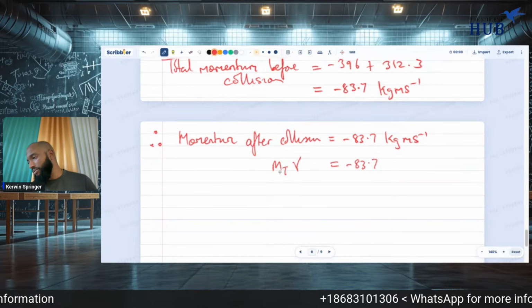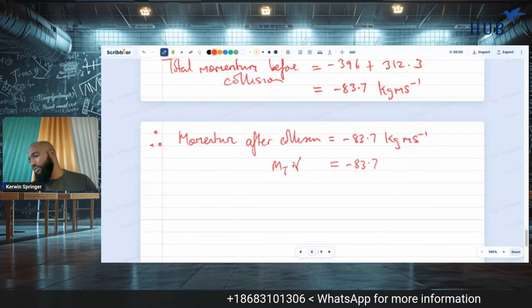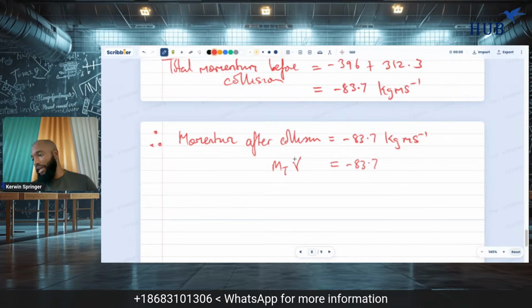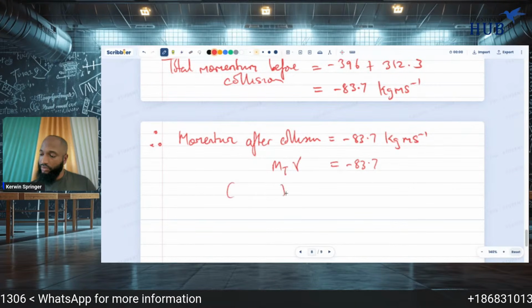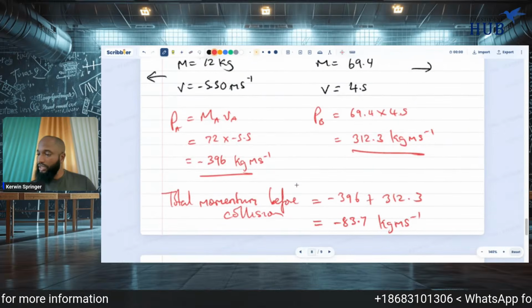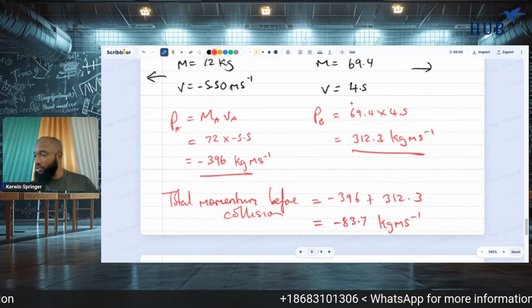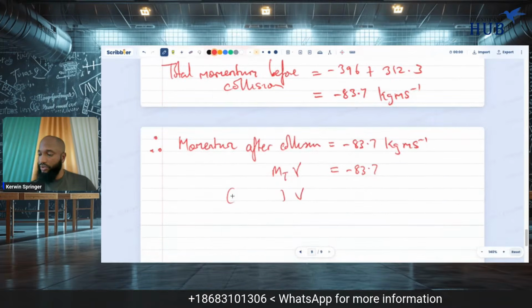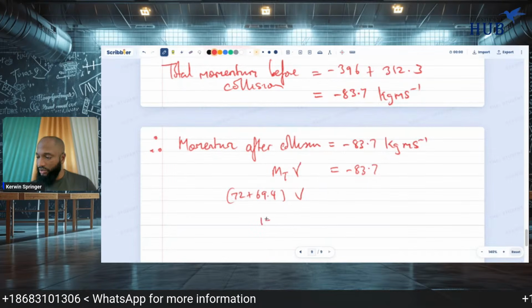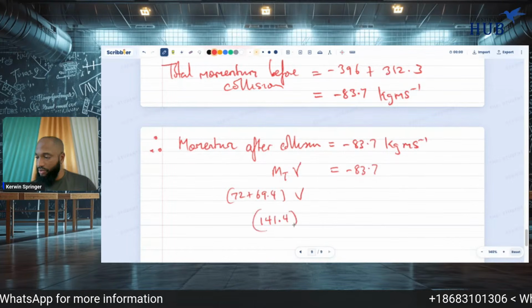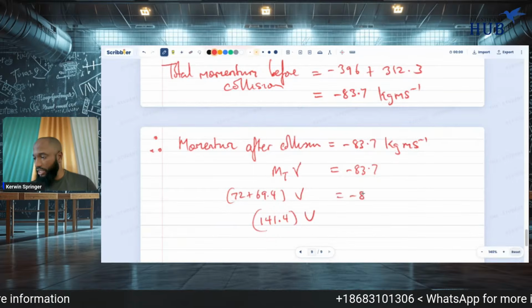What is the MT about? Because momentum is mv, this is our total mass. Remember they locked together, so this is the 72 plus the 69.4. Which is how much? 141.4 V is equal to negative 83.7.